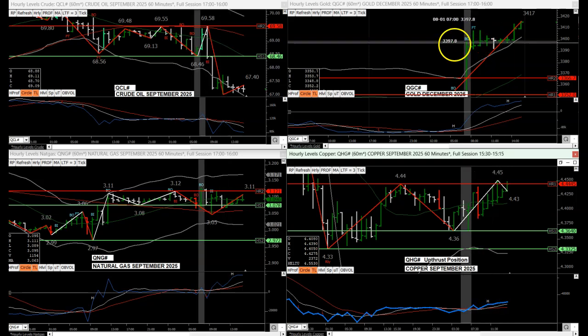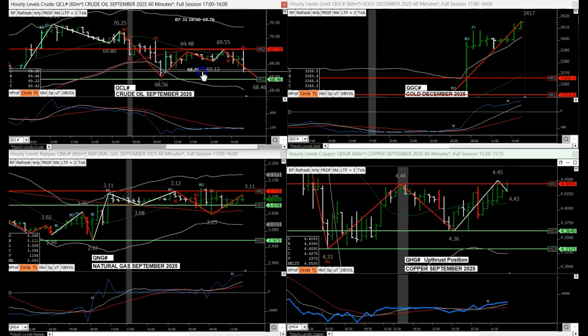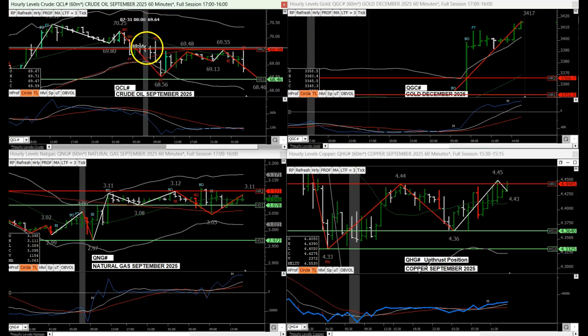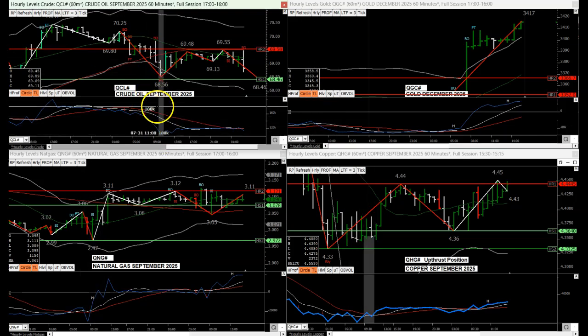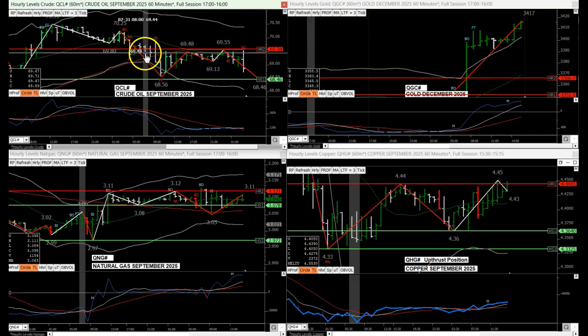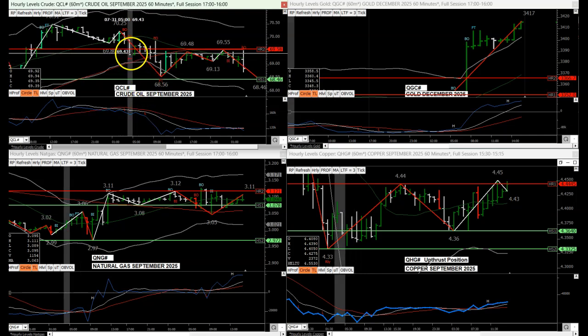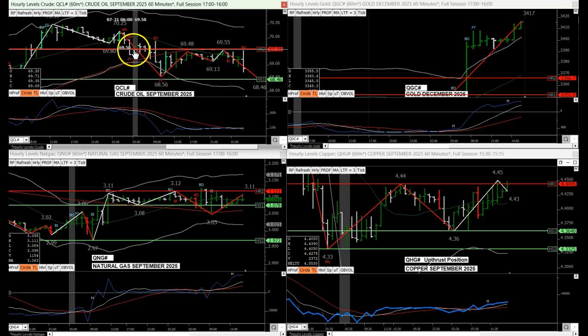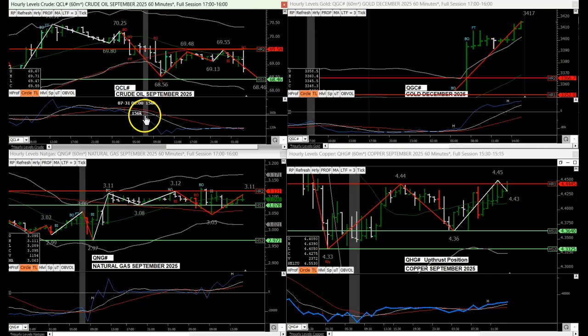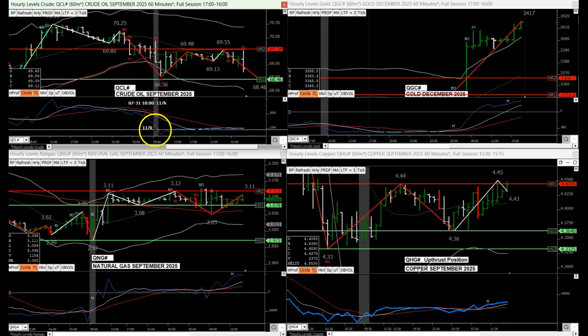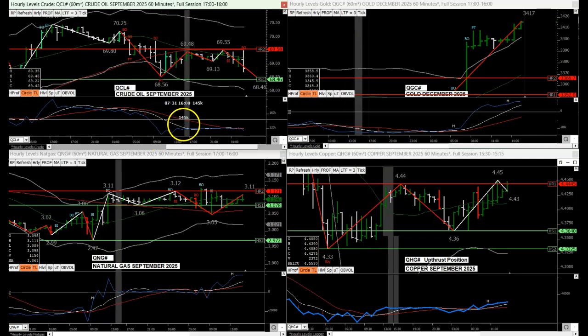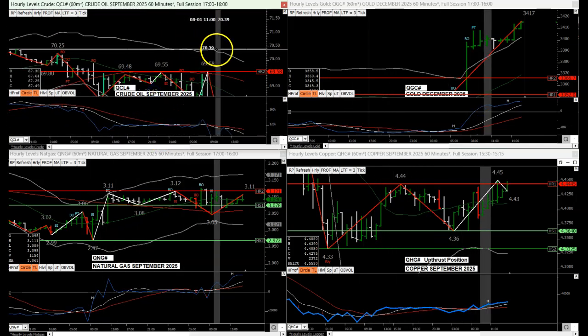Just like distribution here, right here, precedes the markdown. This bar made low, here made low, more red than green, price is going sideways, but volume is breaking down. You see that? So we'll just use the same methodology.